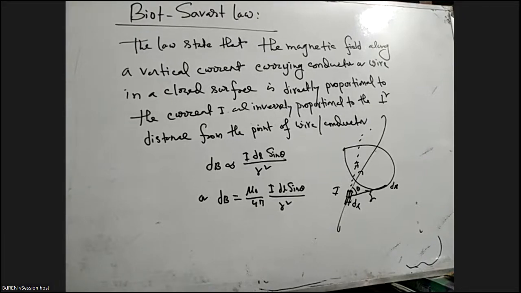The magnetic field dB at any point due to the current element is given by Biot-Savart's law.